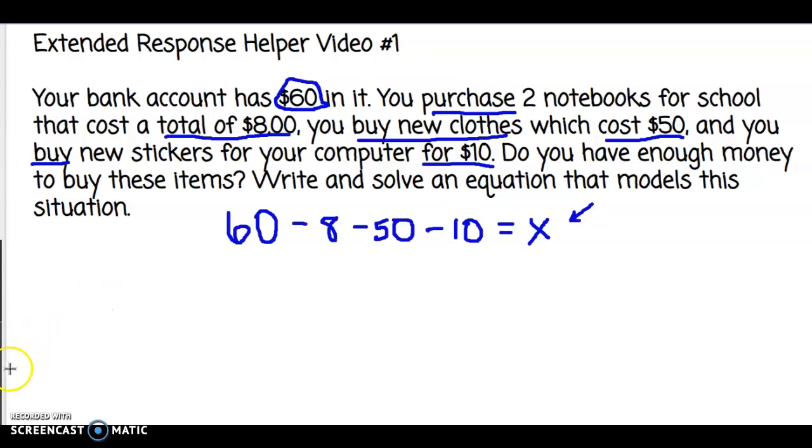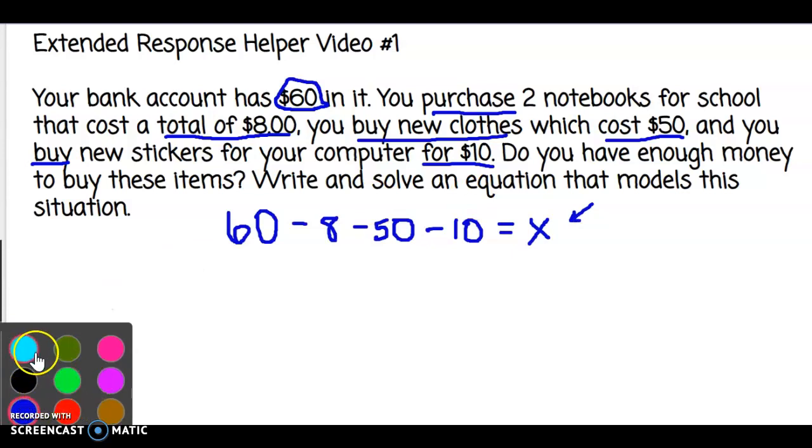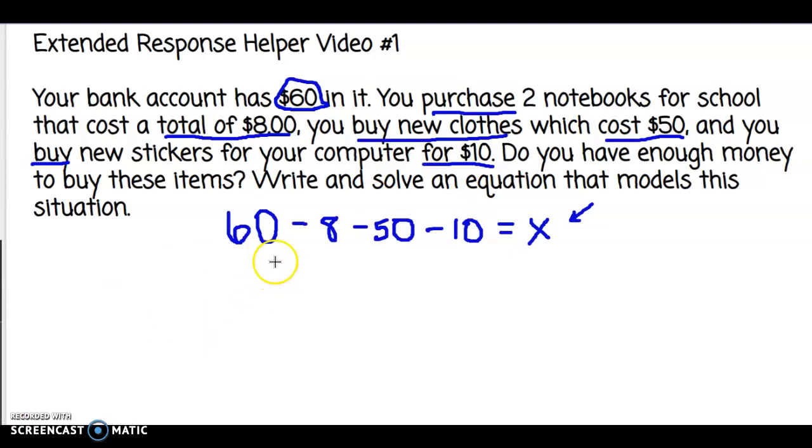So the first thing I'm going to do, I'm going to change colors just to help you see a little bit better, is I'm going to work left to right on this equation because all I'm dealing with is subtraction. So the first thing I do is I subtract 60 minus 8. And if you take your calculator, which you're allowed to use on your extended response, 60 minus 8 is 52. I'm going to bring down every other part of this equation because I have not worked with these numbers yet.